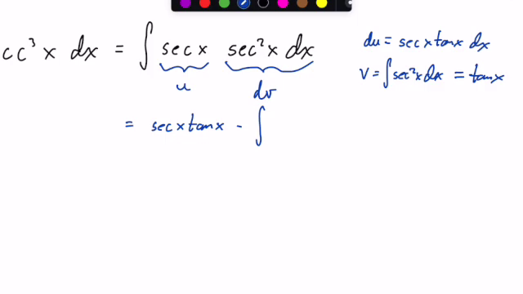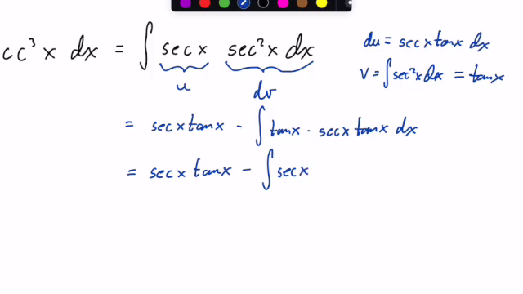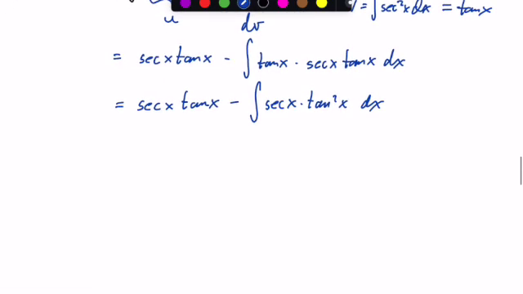And that right there makes this particular integral doable with the integration by parts pattern. Because I know then the answer will be u times v, so secant x tangent x, minus the integral of v du. So that would be tangent of x times secant x tangent x dx. Now, with a little reworking of that integral, we get secant x tan x minus the integral of secant x times tangent squared of x dx.